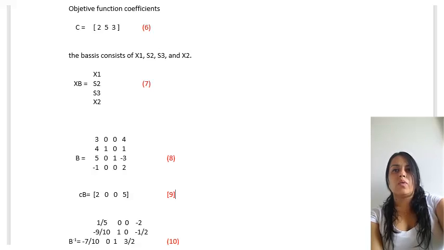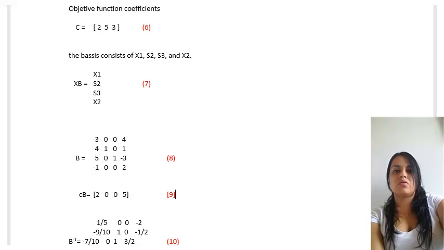Accordingly, it will change my B matrix so that the x1 column is now replacing the s1 column that I had before. Similarly, the first element of CB is going to change to represent the coefficient of x1 in the objective function.